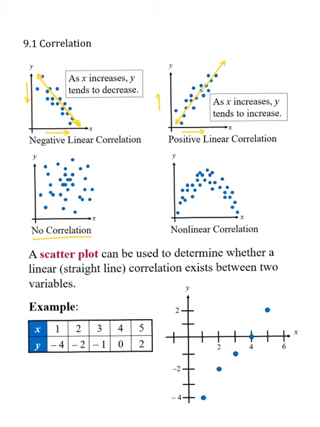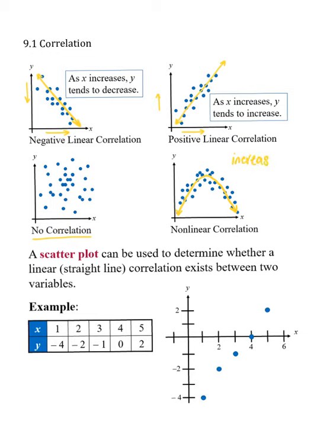And then a non-linear correlation. We see a pattern appearing, but the line of best fit, or I should say the graph of best fit, isn't necessarily linear. So in this case, you can see as our x increases, our y's increase, and then it changes. And as our x's continue to increase, our y's decrease.